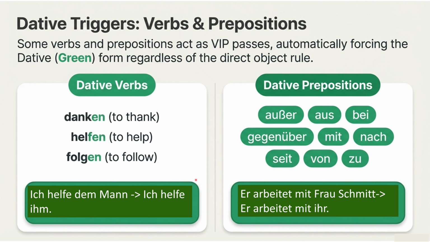Here are some examples. Ich helfe dem Mann becomes ich helfe ihm. Another example. Arbeitet mit Frau Schmidt becomes arbeitet mit ihr. Whenever you see these verb forms or prepositions, you must use the dative pronoun.